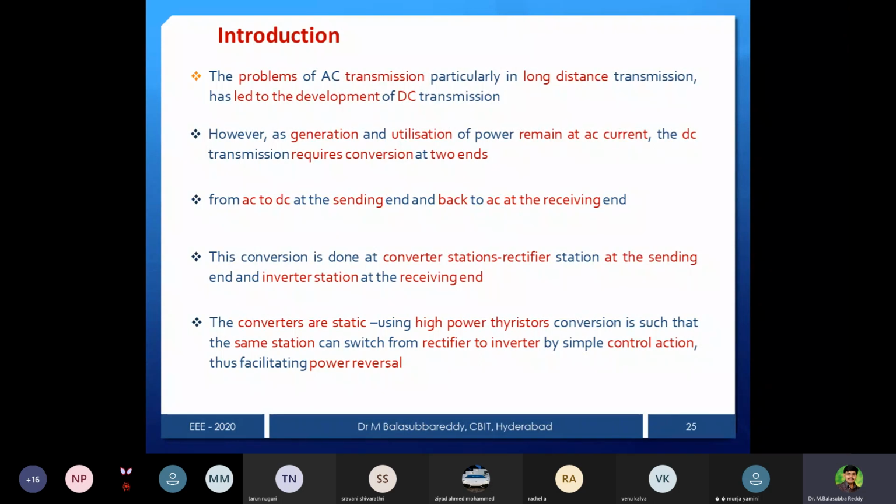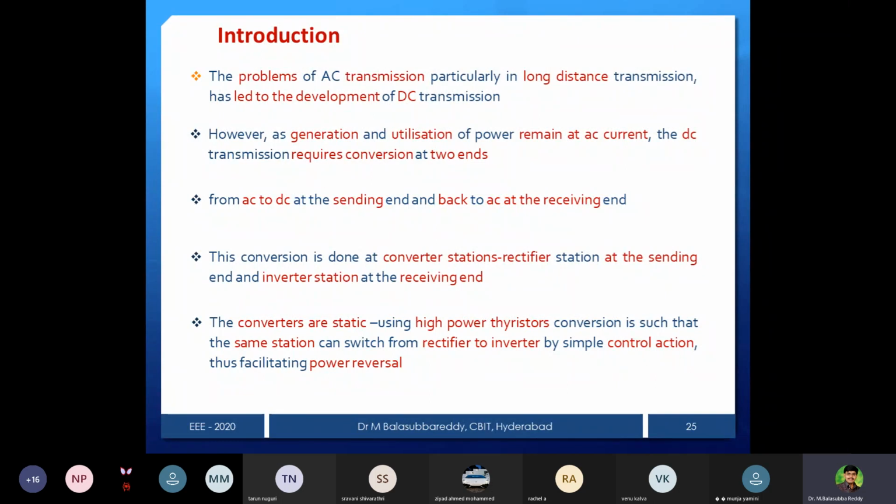The two stations look the same. The only thing is, based on your control strategy, whether we want to use it as a rectifier station or an inverter station. We need to operate that device based on our firing angle.